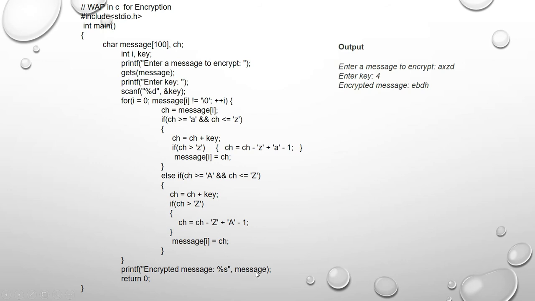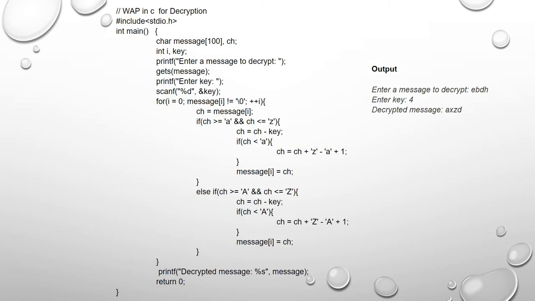Okay. Now next is related to decryption. Same thing, you see this output: if I am entering EBDH, then the enter key position is 4, then the same AXZD will be displayed. Same thing is there, you are defining the message variable, choice is there, and two integer variables are there, you are accepting the value into your message.